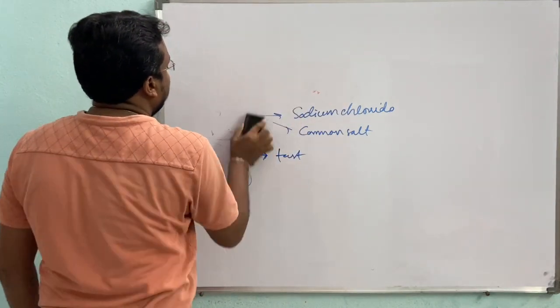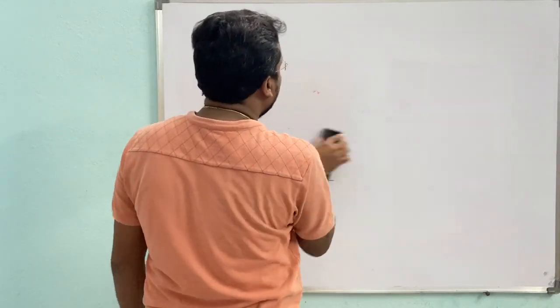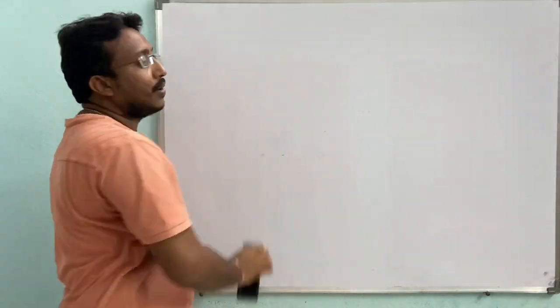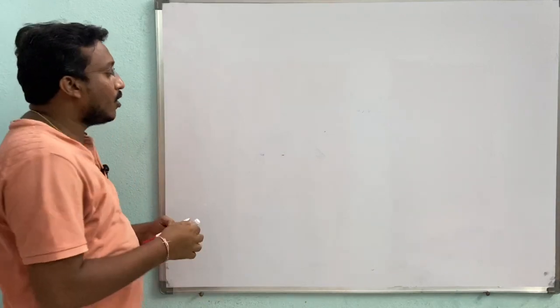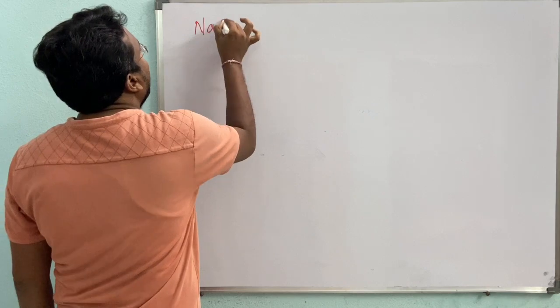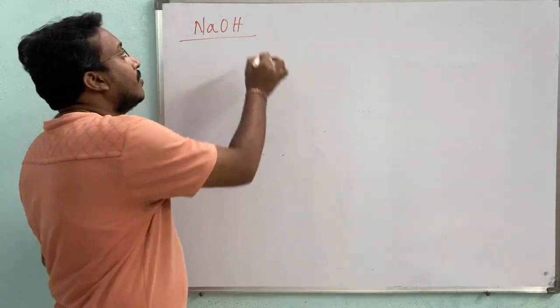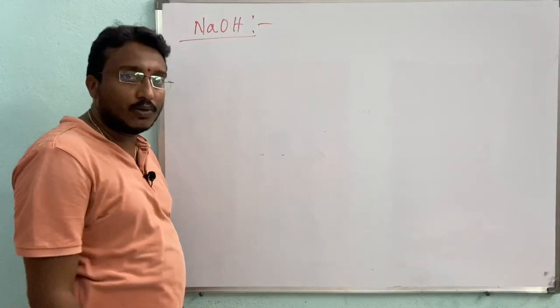Sodium chloride is a raw material for the preparation of sodium hydroxide, NaOH. How, sir?